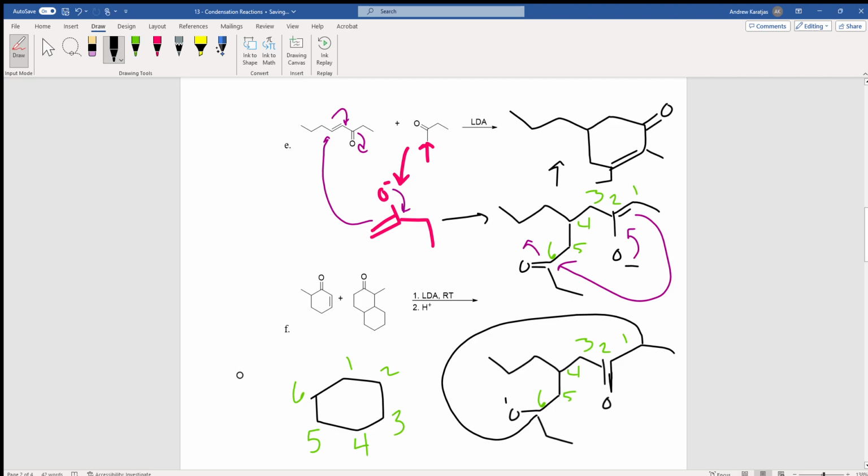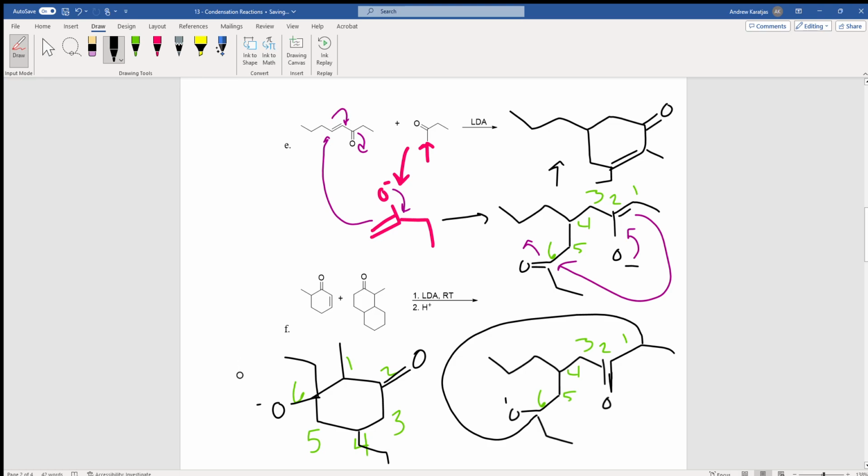So carbon 1 has a methyl, 2 has a carbonyl, 3 has nothing, 4 has a propyl group, 5 has nothing, and 6 has both the O- and an ethyl.